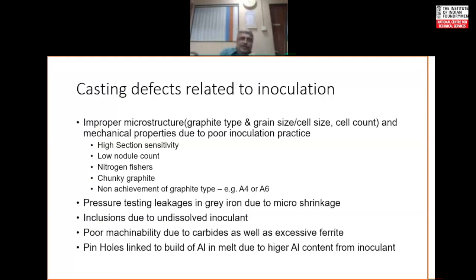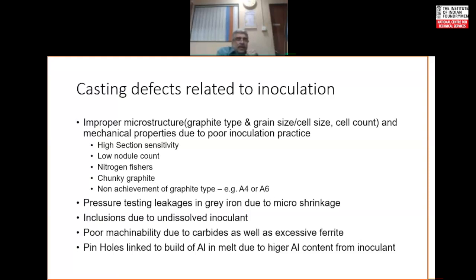Your settings are not right, your measurements are not correct, so you over-inoculate and land up with inclusions. Or you over-inoculate and there are too many nuclei, which results in micro shrinkage, and as can happen in cylinder heads, leakage during pressure testing. That can happen.